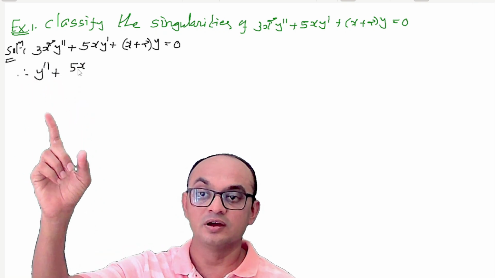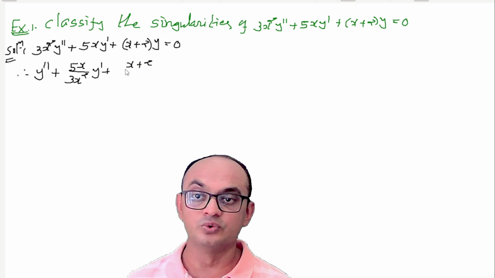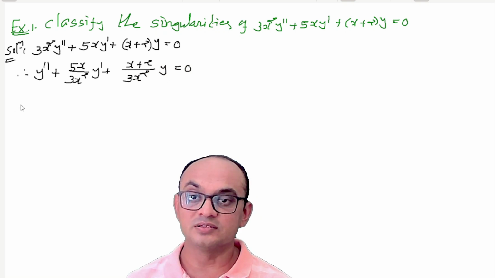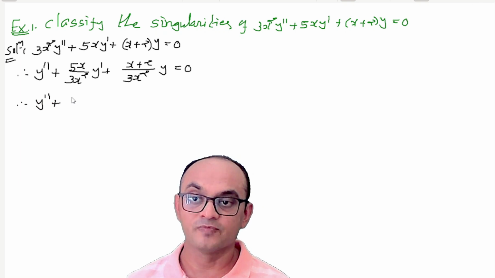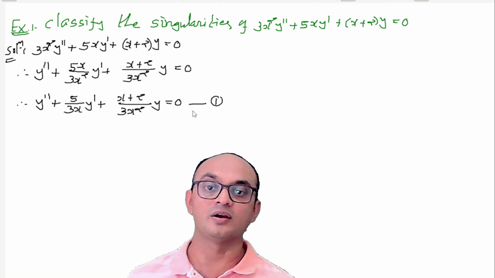So 5x upon 3x square y dash plus (x plus 2) upon 3x square into y equal to 0. And this will be y double dash plus 5 upon 3x into y dash plus (x plus 2) upon 3x square into y equal to 0. So this is equation number 1.